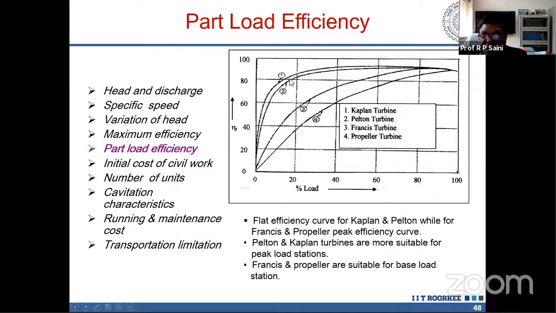Of course, its efficiency covers a wider range, but it is inferior in comparison to Kaplan. And the Francis turbine is not suitable for part load efficiency. It is suitable only near the rated capacity, where it has peak efficiency. Otherwise, its efficiency will be lost.